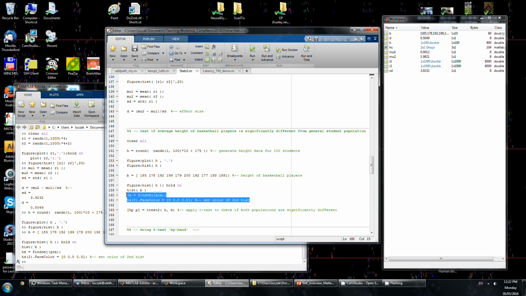It is a little bit convoluted way to plot it, but you don't need to know the details of how it works. If you need it, just take this code as a template, and by modifying those 3 values, which have to be between 0 and 1, you can set the face color of the second histogram to any color you wish.